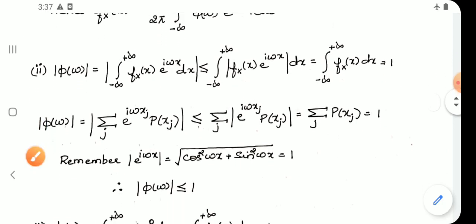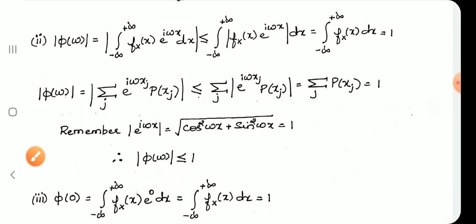Similarly, let us see what happens to the value of phi of omega when we take a discrete random variable.